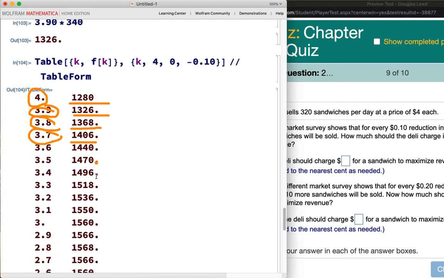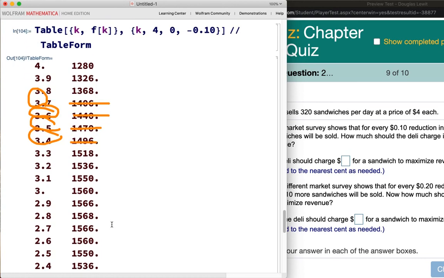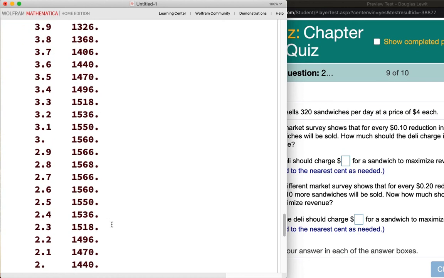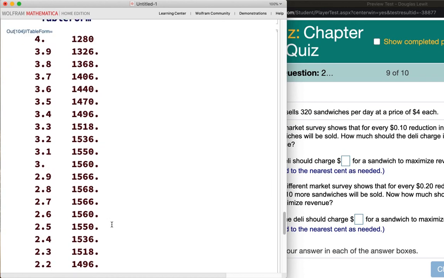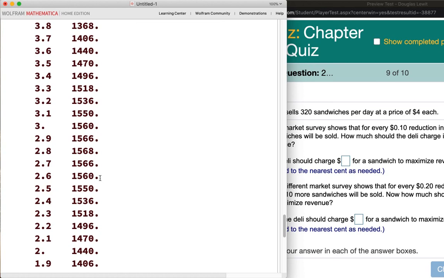It keeps going up until, when does it start to go down? Because at some point it will actually start to go down. These numbers keep going right over here. Take a look at this.